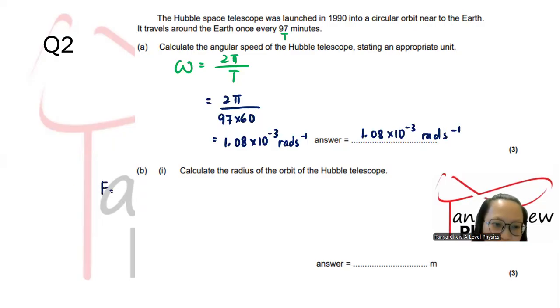Gravitational force is the only force that acts on the telescope, because in space there are no air particles to go against the movement of the telescope. So the gravitational force provides the resultant force. The resultant force on the telescope must be centripetal force because the path is circular. So in this case, it is the gravitational force that provides centripetal force.